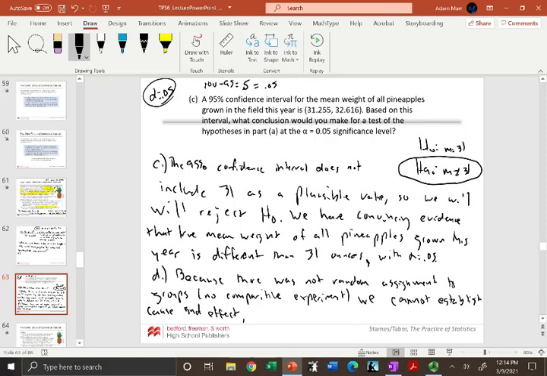And therefore, we can't say the irrigation system caused the change in mean weight.